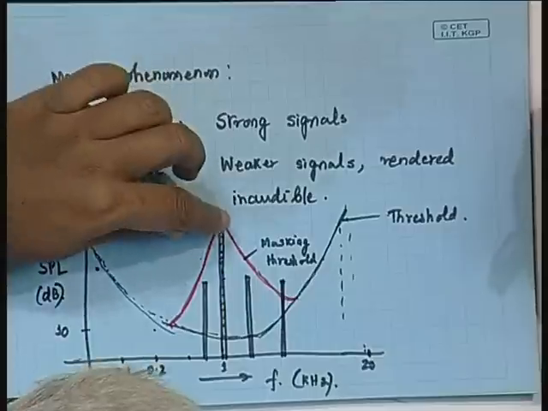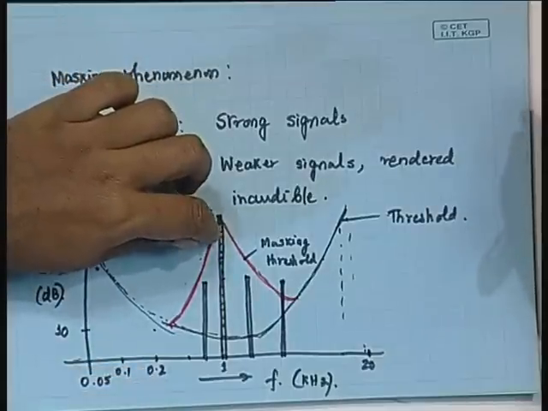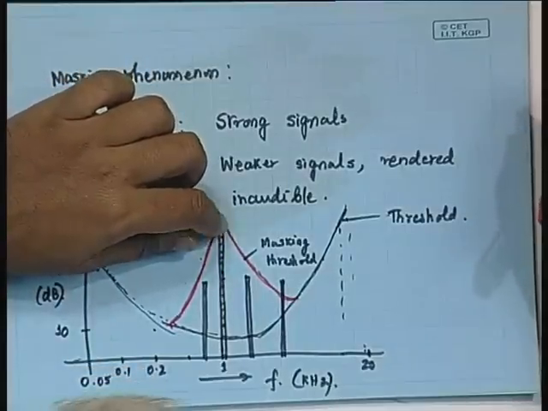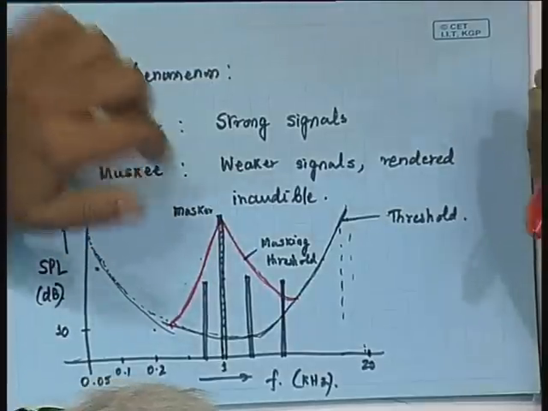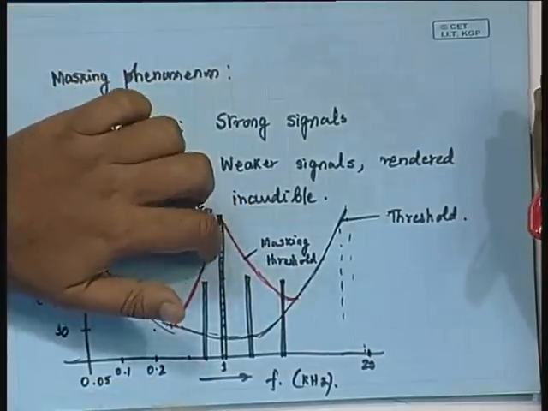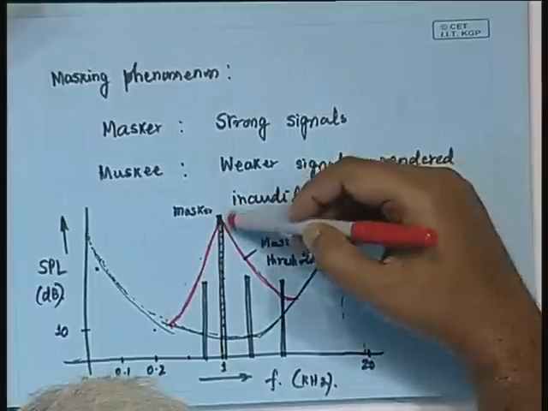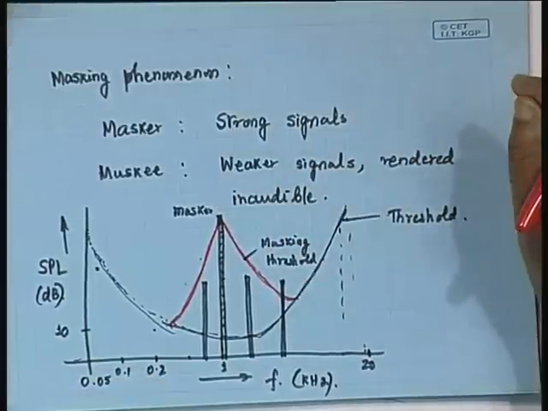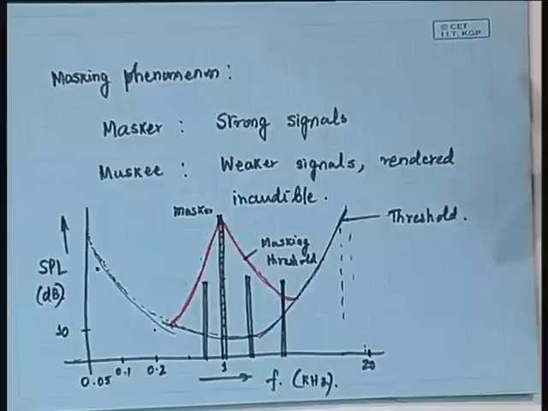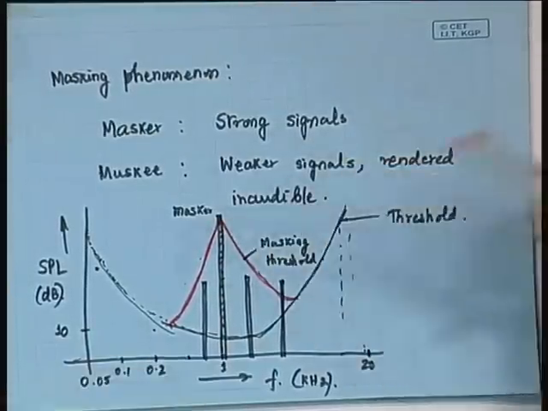It has to be higher than the signal which is present here itself. If there is a sound source at 1.1 kilohertz which is higher than this masker, then that itself is a strong signal, and it should act as the masker and not this one.